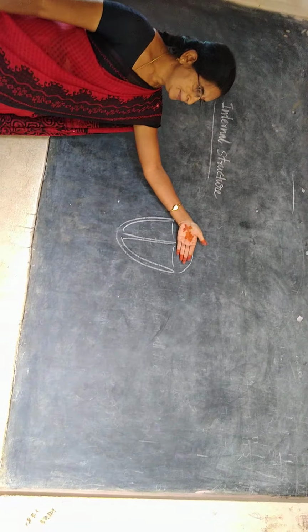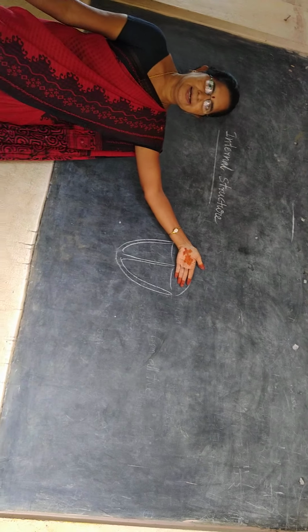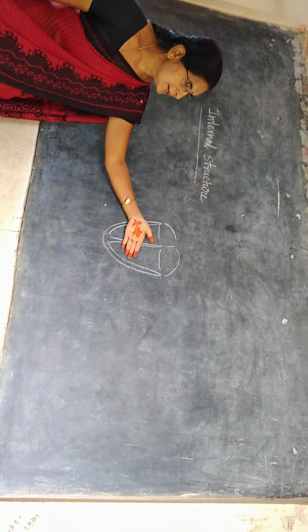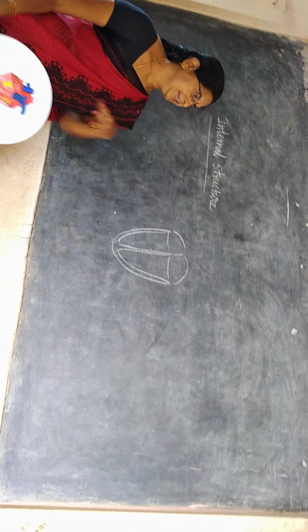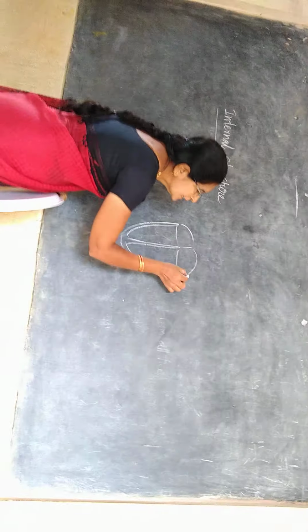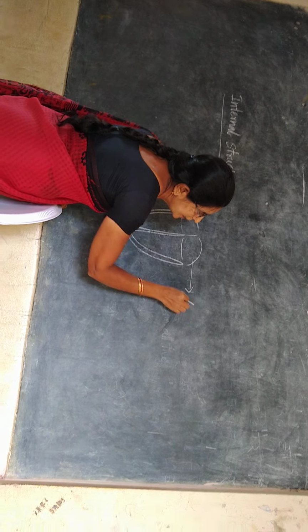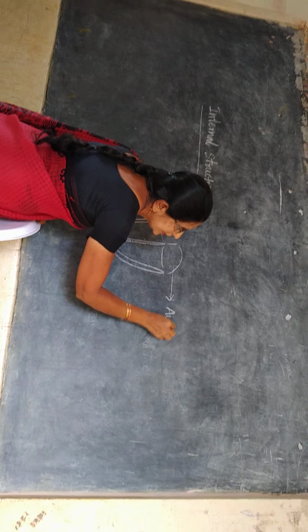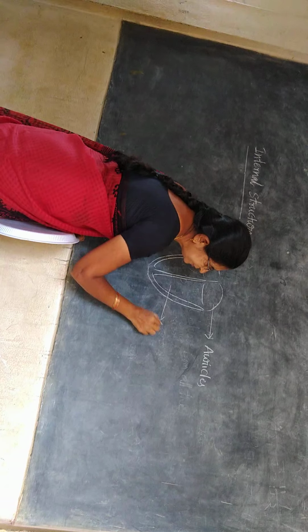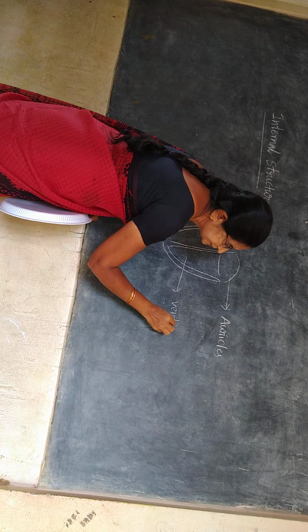The upper chambers are called auricles, and the lower chambers are called ventricles. What are the upper chambers? Auricles or atria. The lower chambers are ventricles.